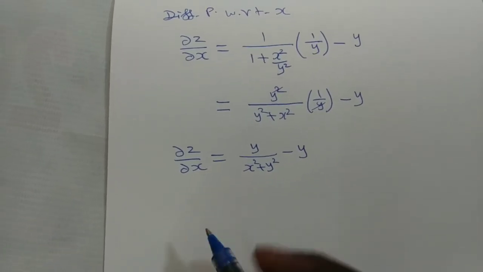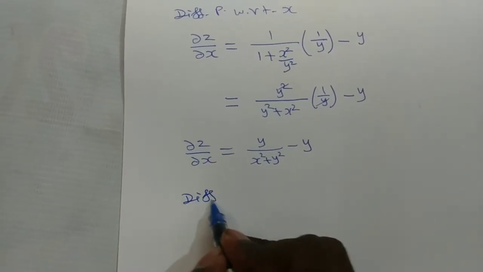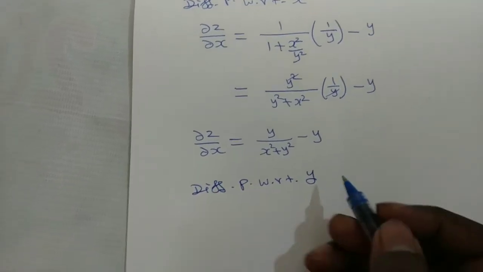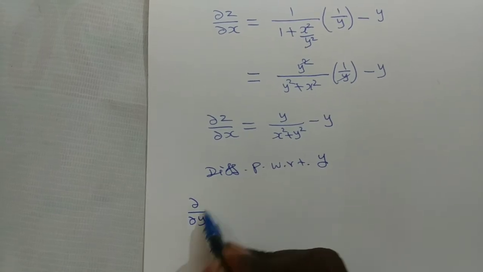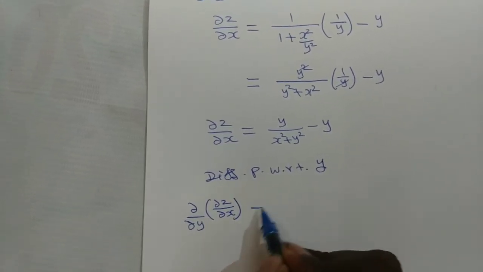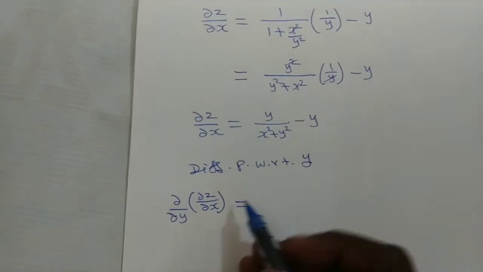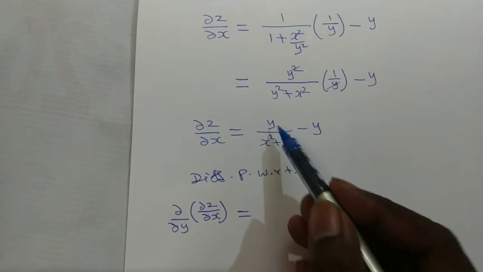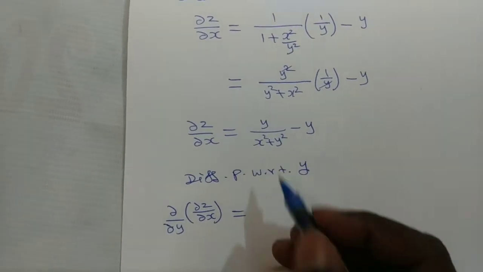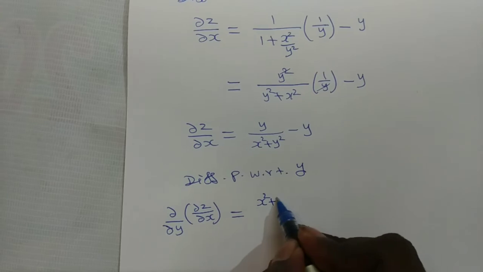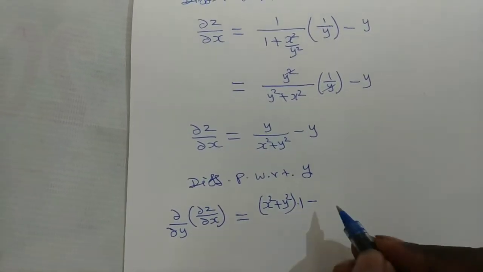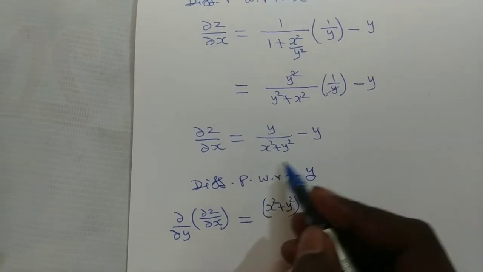So now here I am going to differentiate partially with respect to y. So ∂/∂y of ∂z/∂x is equal to, with respect to y, but y is both in the numerator and denominator, so I am going to apply the u by v formula. What is the u by v formula? V into differential of u, y differential is 1, minus u into differential of v.